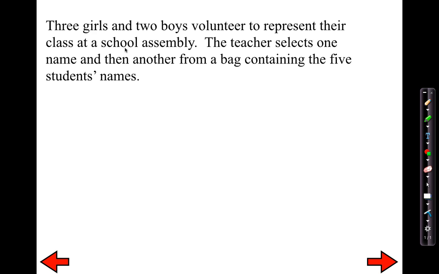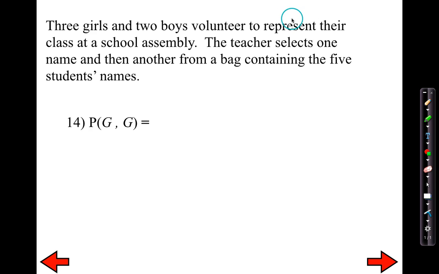Because if a teacher selects the name, is it likely that the teacher's going to throw the name back in the bag and pick another one? The answer is no. The teacher's trying to select 2 different names. Once it's selected, they keep it out of the bag and select another one to choose a different student. So this is a dependent probability.